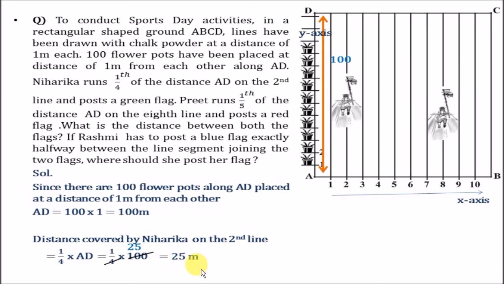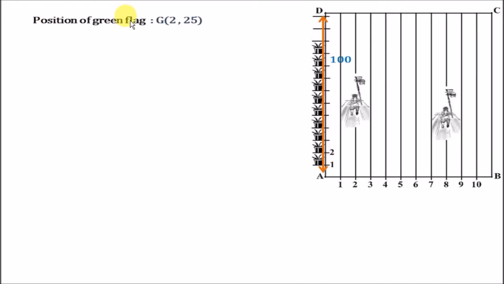After that, Niharika is posting a green flag. So she is running on the second line, that is x coordinate will be 2 and she has covered a distance of 25 meter. So the y coordinate will be 25. So we can say the position of green flag, let us denote by the letter Z, will be Z(2, 25).